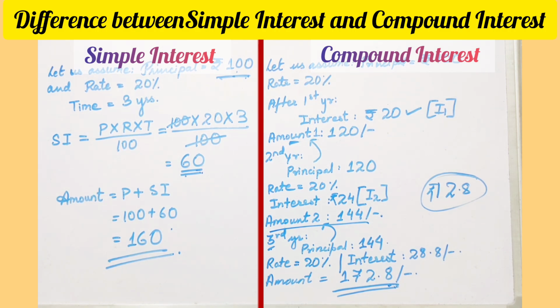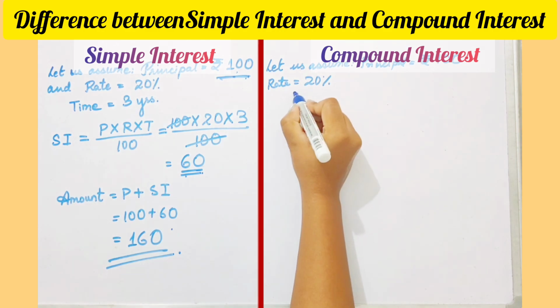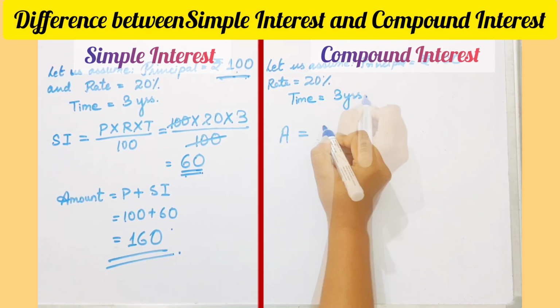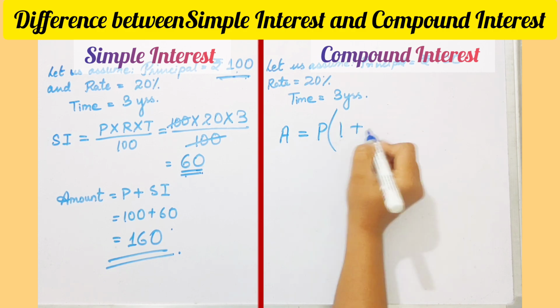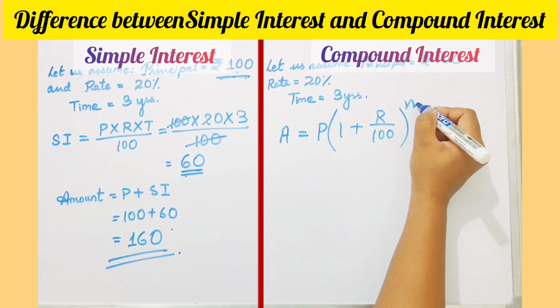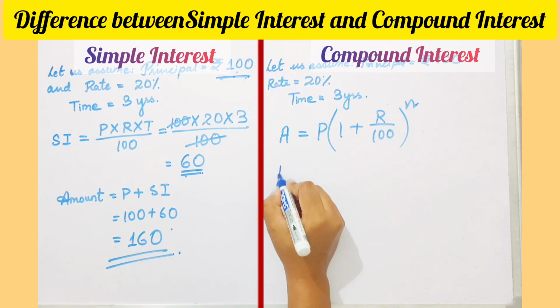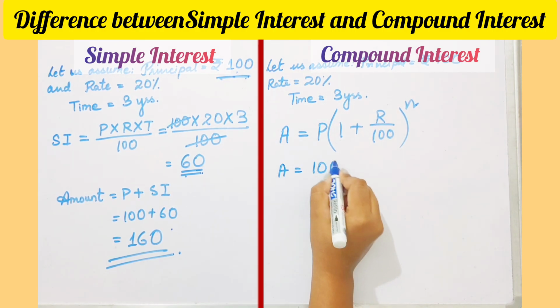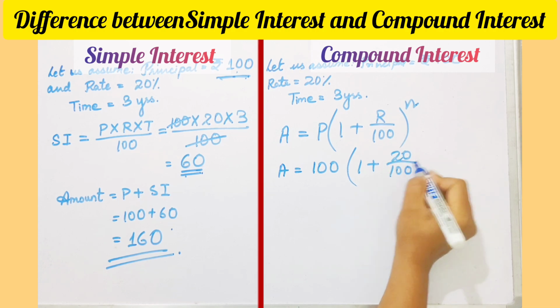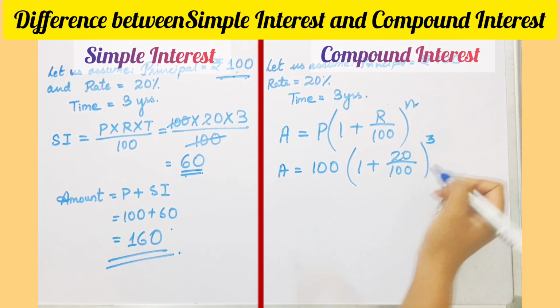Now let us do the same for compound interest. Time is the same again, 3 years. So amount is principal into 1 plus R by 100 to the power n. This is for compounded annually. Principal is 100, 1 plus rate is 20 by 100, to the power 3.